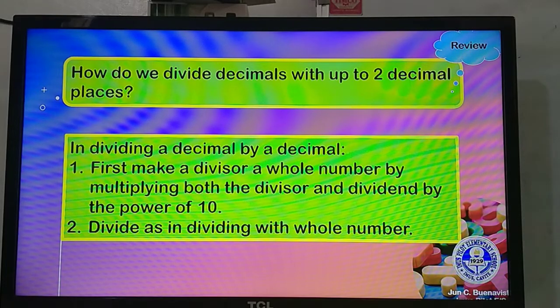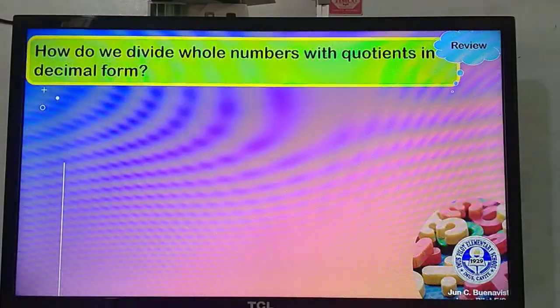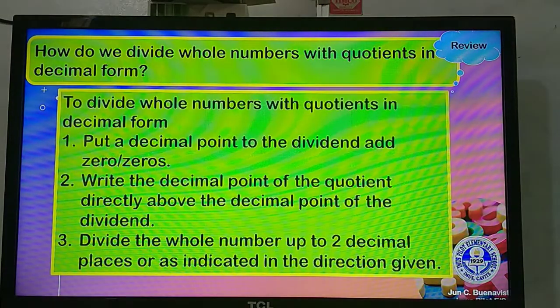The other lesson we learned last week is all about dividing whole numbers with a decimal quotient. So, how do we divide whole numbers with quotients in decimal form? To divide whole numbers with quotients in decimal form, first, put a decimal point after the dividend and add 0 or zeros.